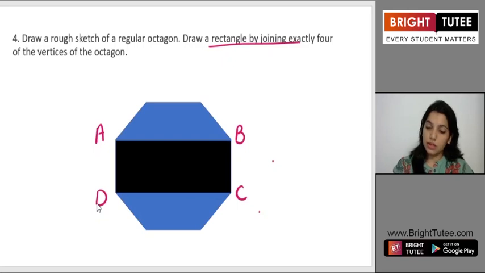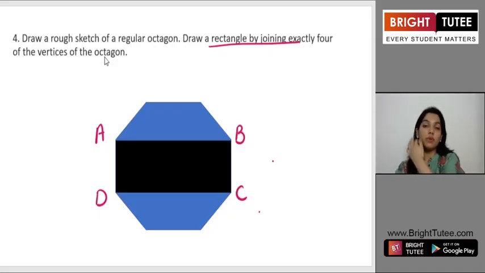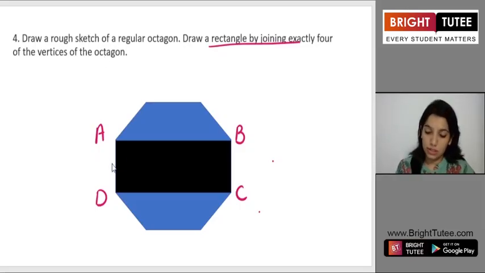So we don't have to do anything else. Can you say that this particular image that I have drawn is a rectangle? Surely. Why? Because these two sides are parallel and equal. Also, these two sides that we see are parallel and equal to each other. Okay, so this is how you can draw a rectangle in an octagon.